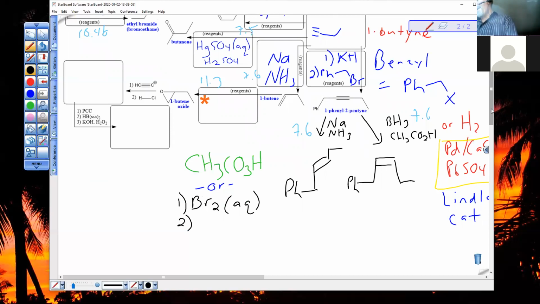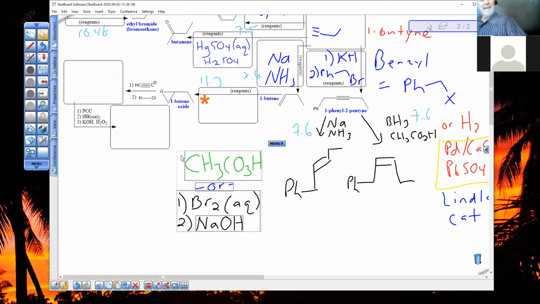And then if you treat that alcohol with a base, doesn't even have to be a special base, NaOH makes the alcohol into an O-, which does an intramolecular displacement of the halogen. And it gives an epoxide. Both methods, very reliable methods of making epoxides.